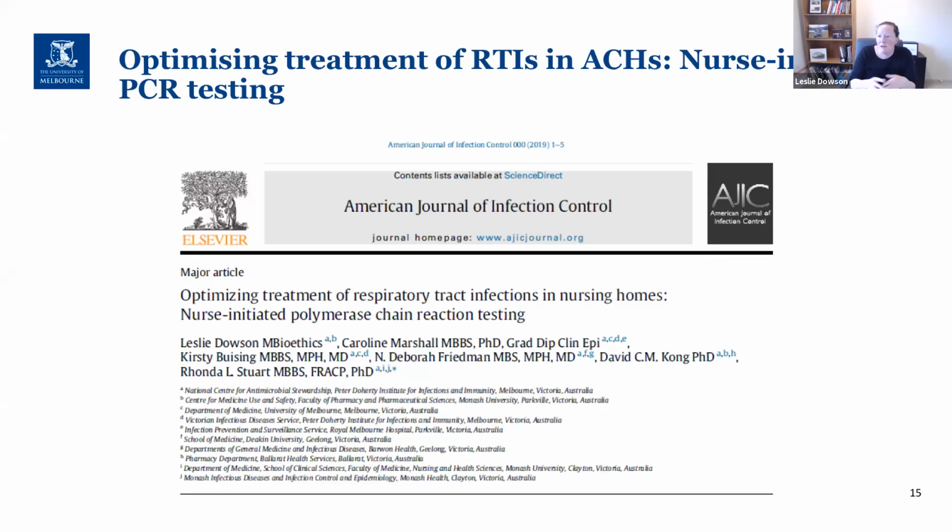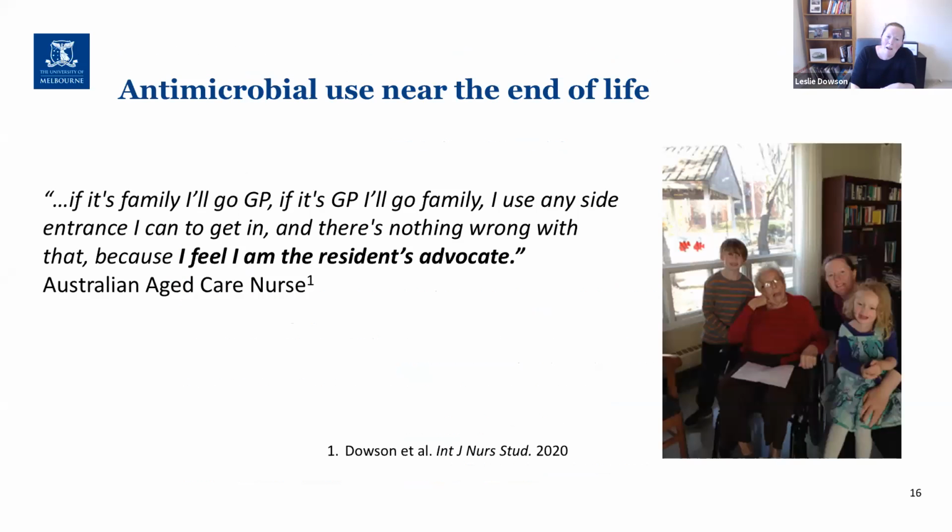So if the PCR result came in and arrived in the home on, say, Wednesday, there was no urgency about anybody in the home to notify the GP that, oh, look, it's actually rhinovirus that we have here. So by the time the GP got back to the home the following Monday, the course is almost done, the resident is fine, and there wasn't the follow-up that needed to be done.